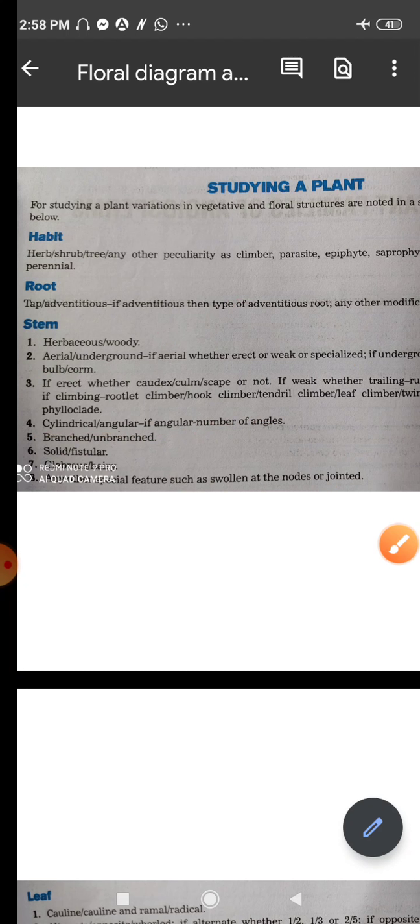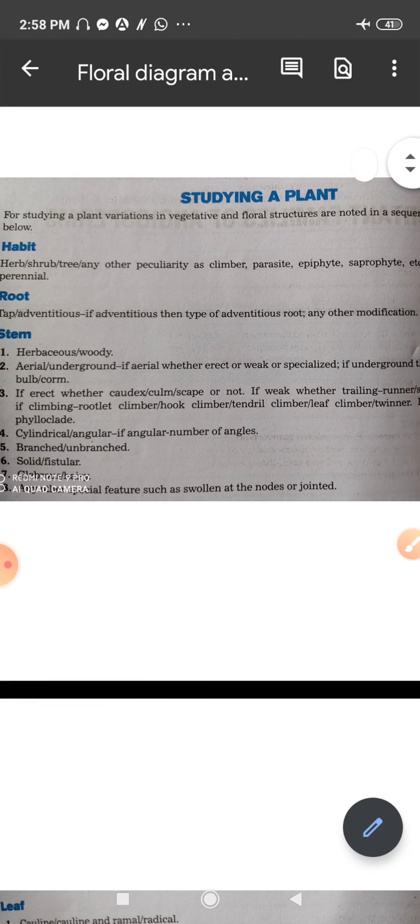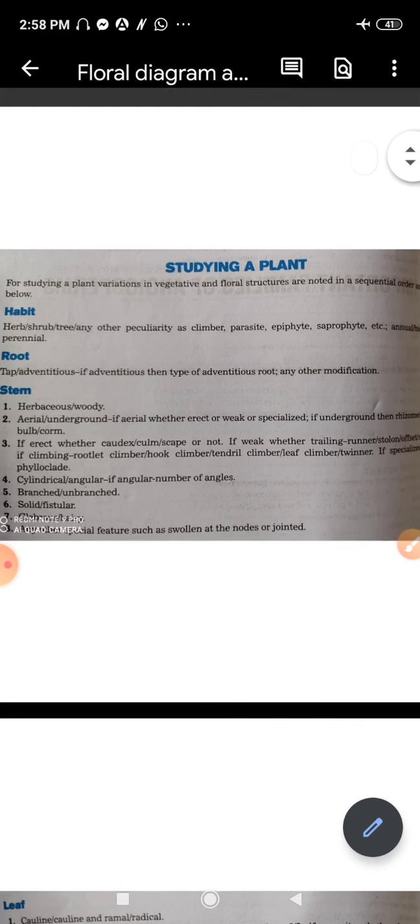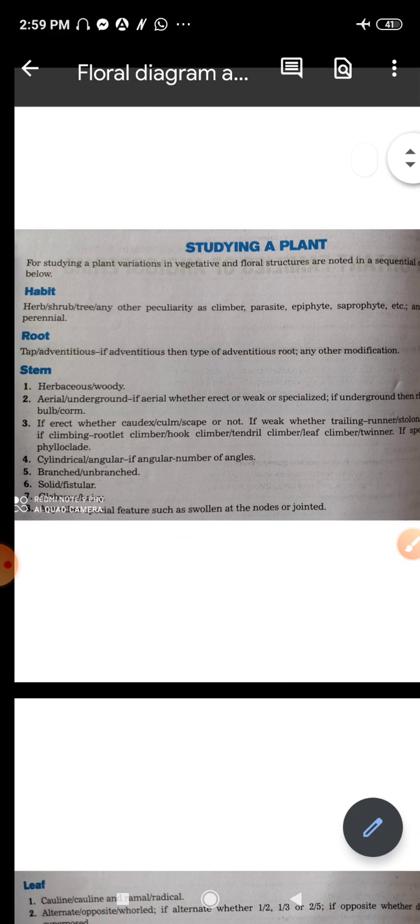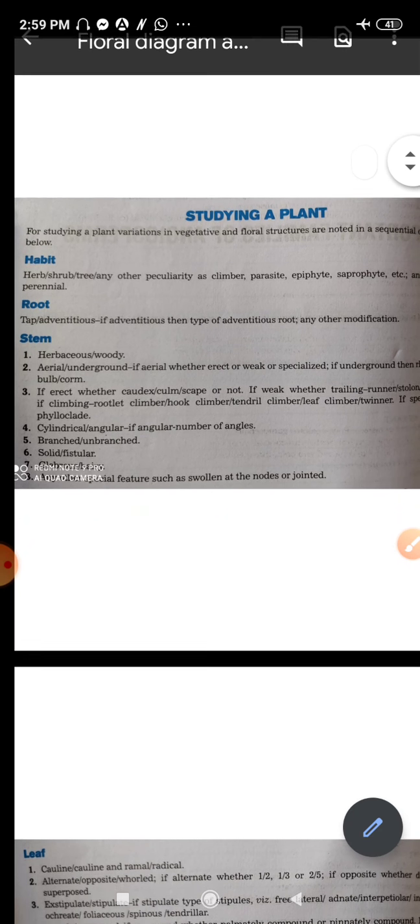And of course any kind of modifications, like we talked about, you studied the stem tendril, right? They are twiners, etc. So we need to explain that also. Then we come to the next characteristic, that is the leaf.